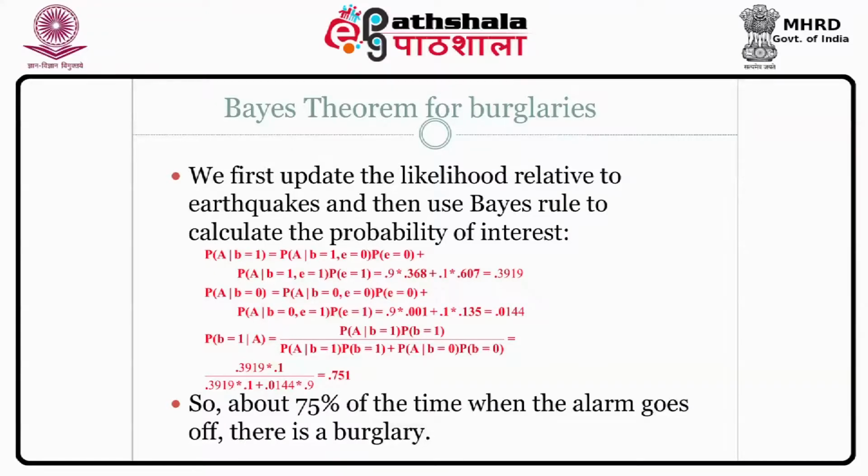So when the alarm rings, I will have some idea whether a burglary occurs at my home or not. Based on the Bayes theorem and all this computation, it comes out to be 0.751. So what is my conclusion? My conclusion is that out of 100 times the alarm rings, in 75 cases it is due to burglary.